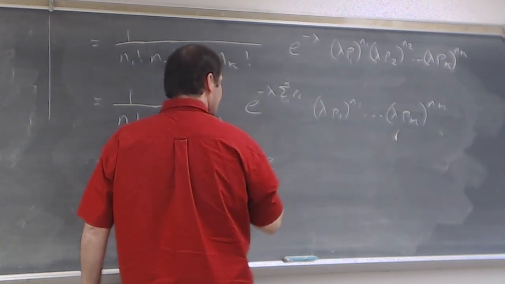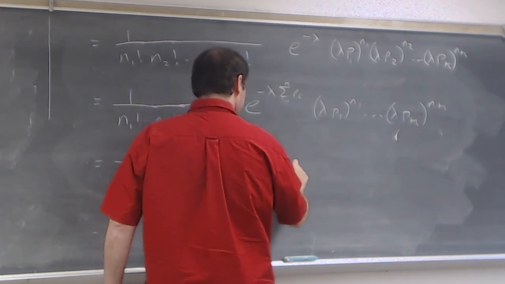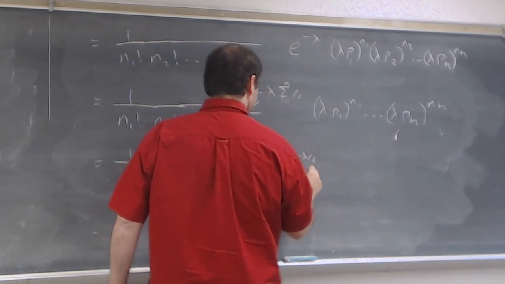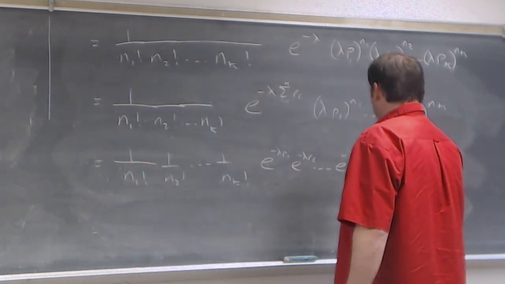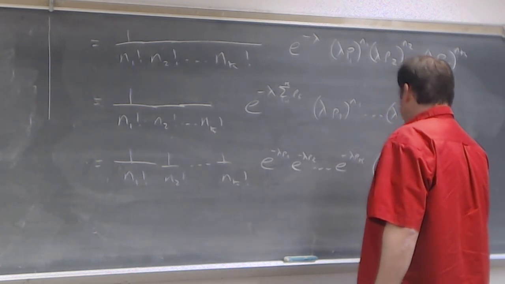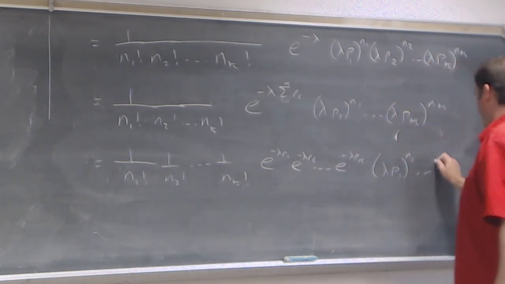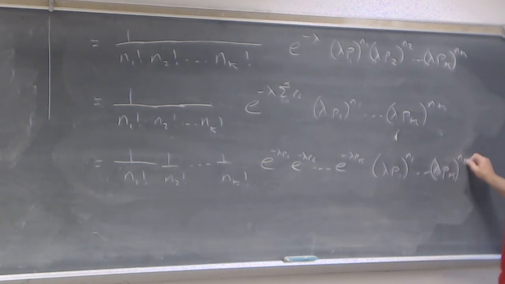But when you have a sum in the exponent, you can rewrite this as e to the minus lambda p sub 1 times e to the minus lambda p sub 2, and then all the way up to e to the minus lambda p sub k. And then times lambda times p sub 1 to the n sub 1, all the way up to lambda times p sub k to the n sub k. Okay? That's what we have.